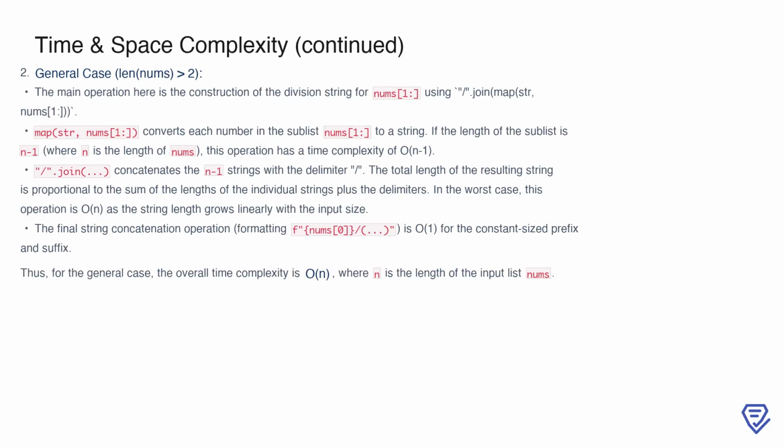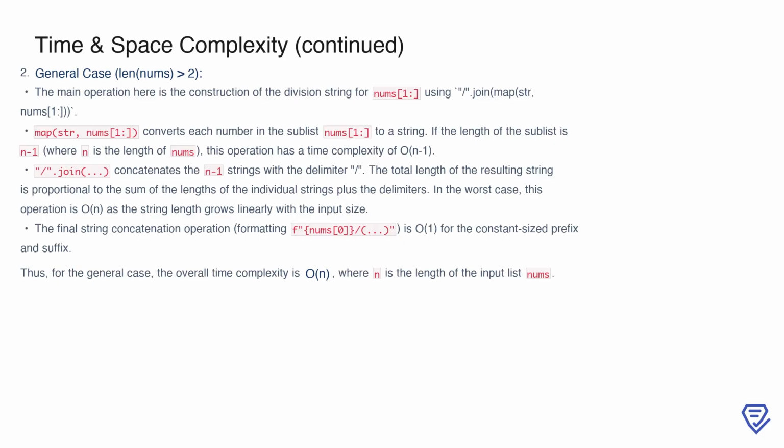Now, for input lists with more than 2 elements, the main computational work involves building the division string for the sublist nums[1:]. First, the map(str, nums[1:]) operation converts each number in the sublist to a string. Since the sublist has n-1 elements, where n is the length of the input list, this operation takes O(n-1) time. Then, the '/'.join operation concatenates these n-1 strings using a delimiter.